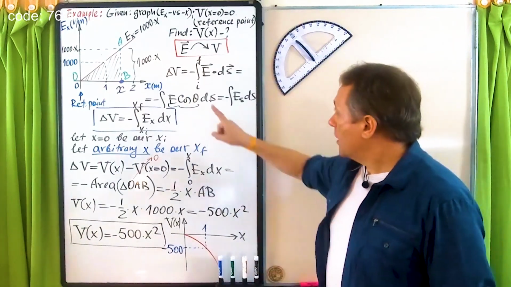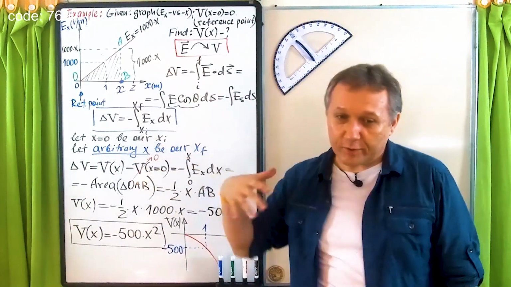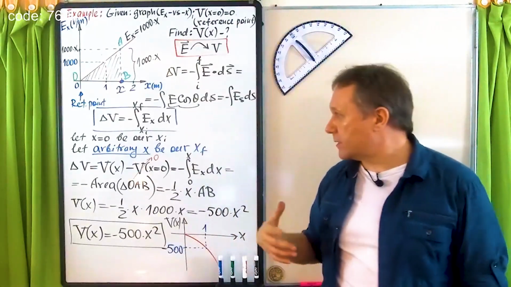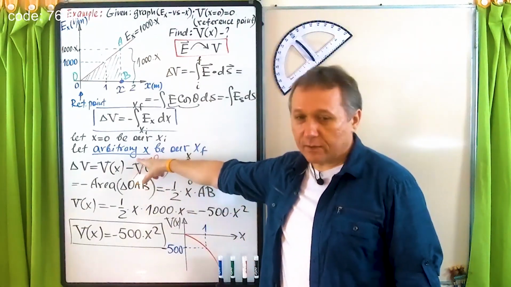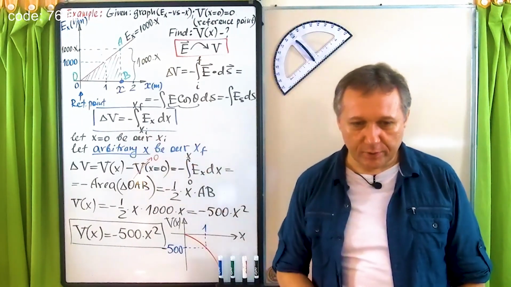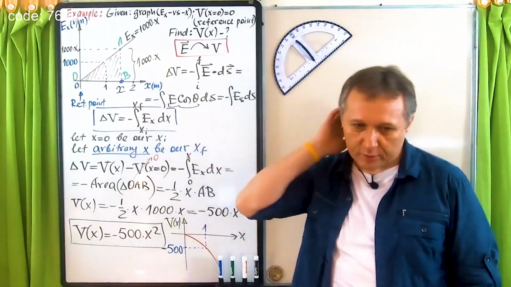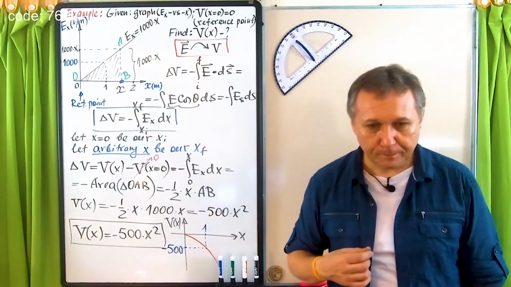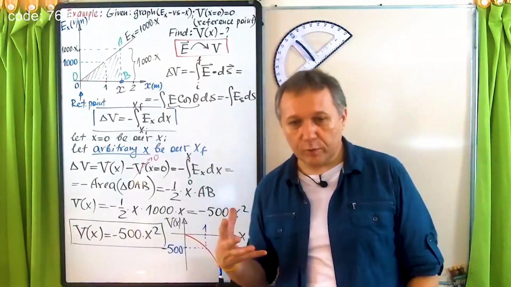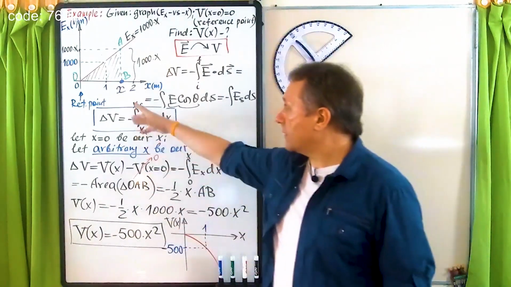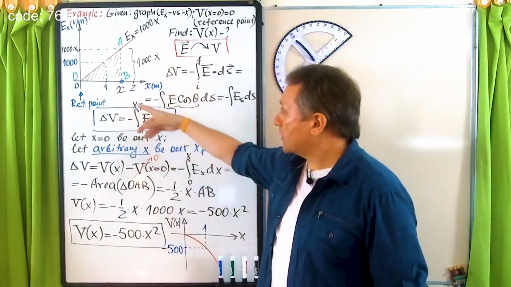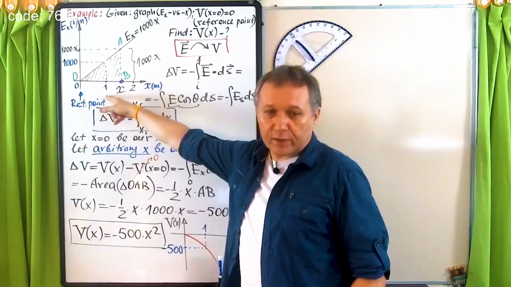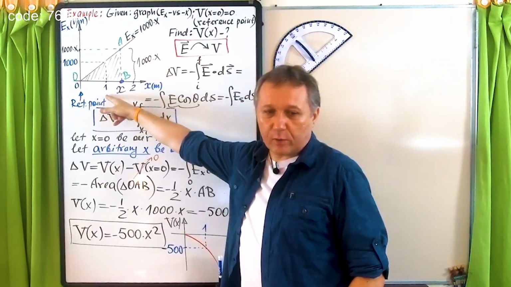So again, the point which students don't see immediately is that in this case we have to take an arbitrary point x. The rest usually students don't have significant troubles with. But if the question was about finding the value of the electric potential at a particular point, for example point 1, then we would take that point as our final point.